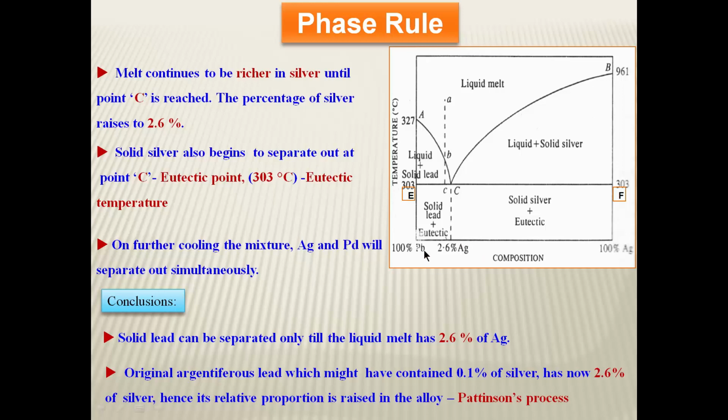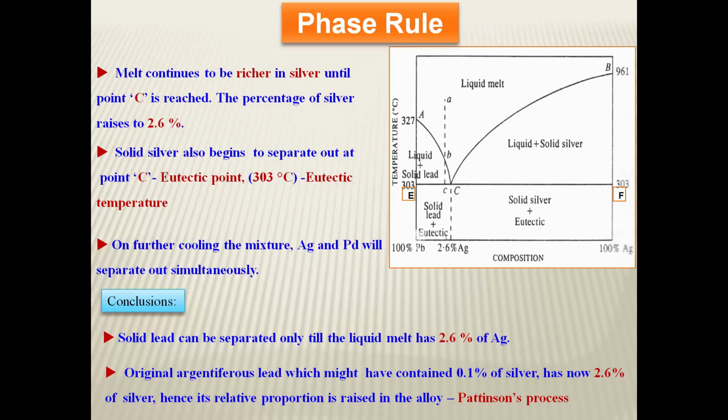The curve is shifting towards the percentage of silver, and this is attained at point C, where the percentage is 2.6%. You have to be very specific about the percentage, because these are the experimental findings and verifications that this is the only point till when the pure lead can be separated out.